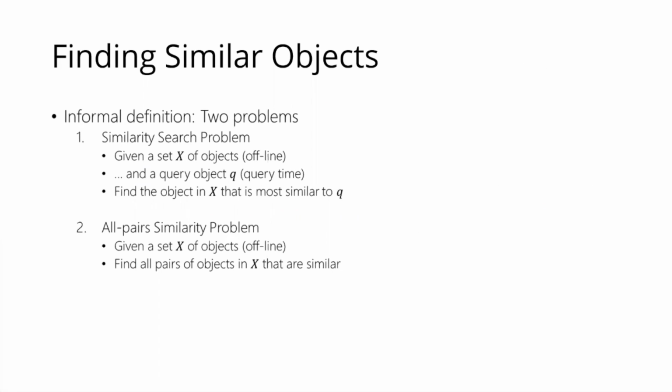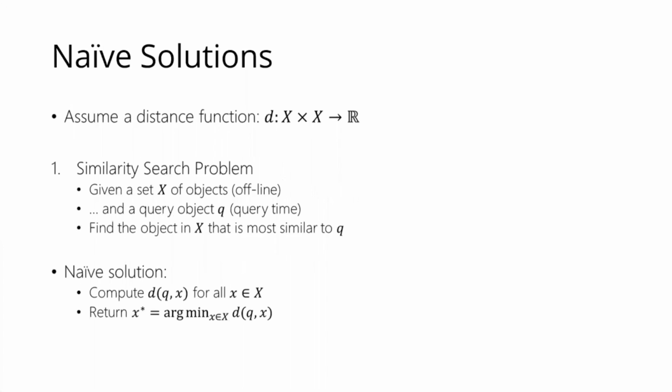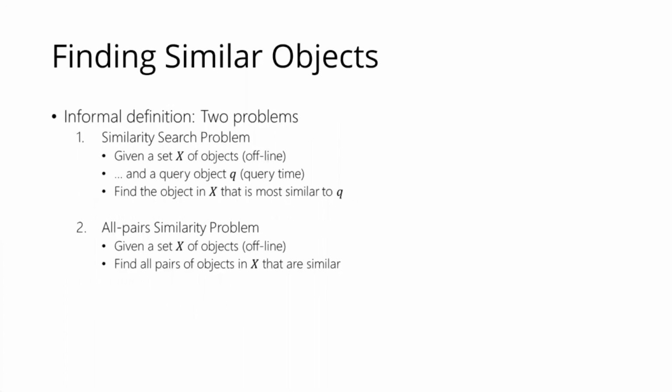So now that we have seen all sorts of different distance metrics, we need to start talking about how to apply this to the actual data analytics problem. And informally, we're going to take a look at two different problems. I argue that these two problems are representative of many of the practical problems that you're going to come across in the future.